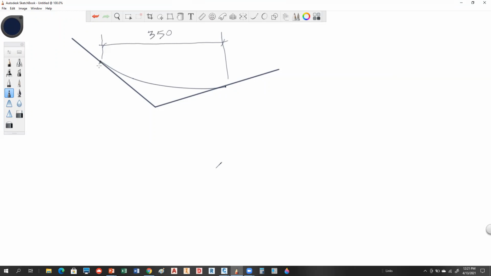And so we need to know what the BVC station and elevation are. We really might as well just go ahead and get the EVC information, and then we'll be able to solve everything else that we need. Okay. We also know this point is sitting at 85 plus 80, and the elevation is at 210. Okay, so who can tell me what we need to do first in order to solve this?